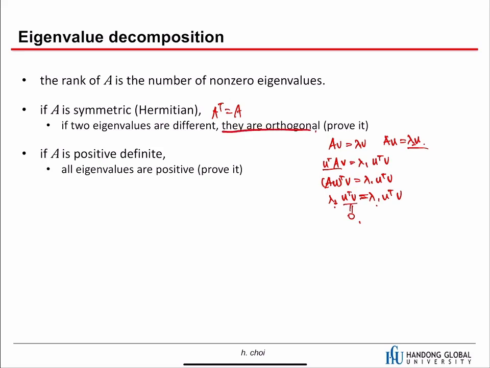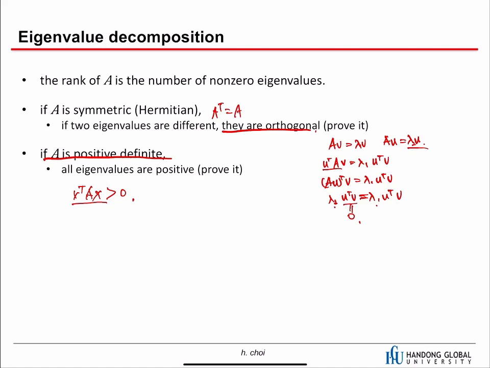Okay. Next, if A is positive definite, then all eigenvalues are positive. Okay, X transpose A X should be positive, right? So this is the condition: A is positive definite if this holds for all X which is not the zero vector.